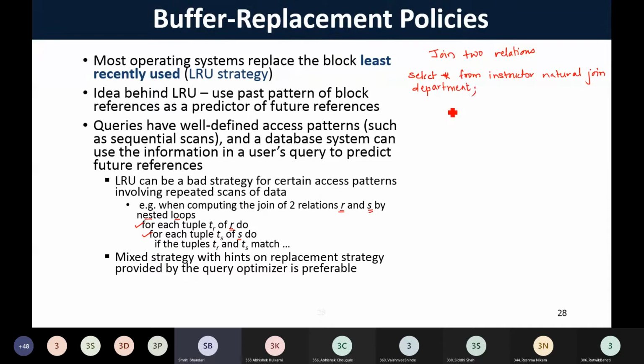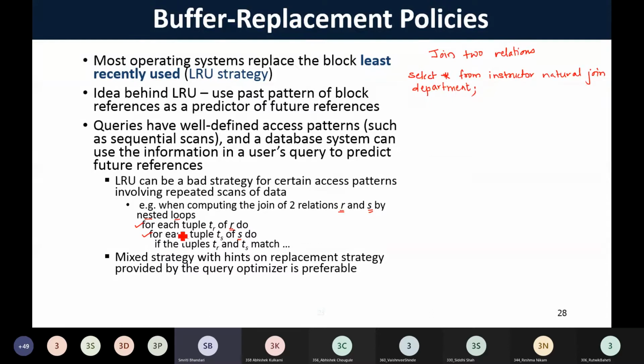So suppose this is our SQL statement. The user is requesting to get the result of this statement. Now, how is this join actually computed in the system?